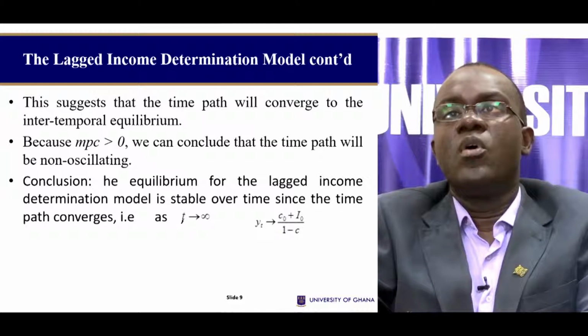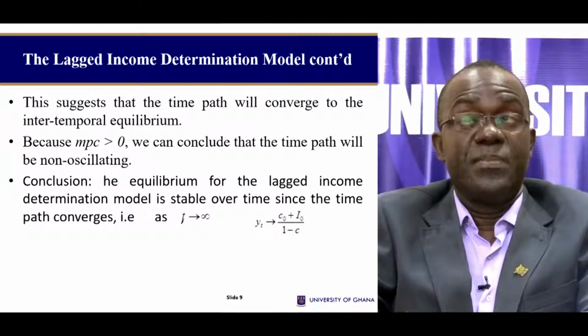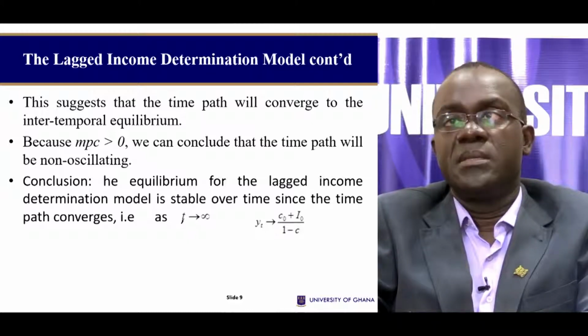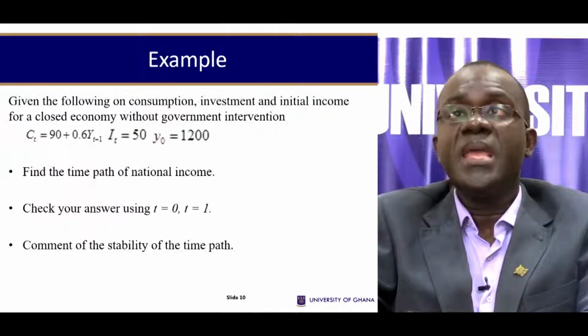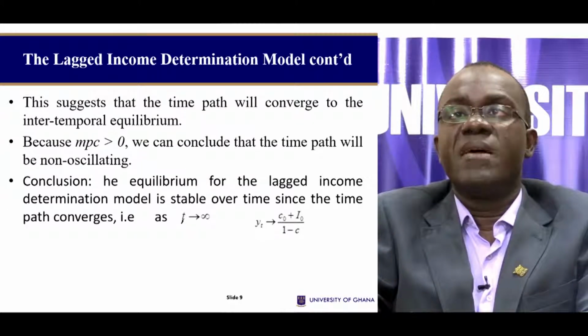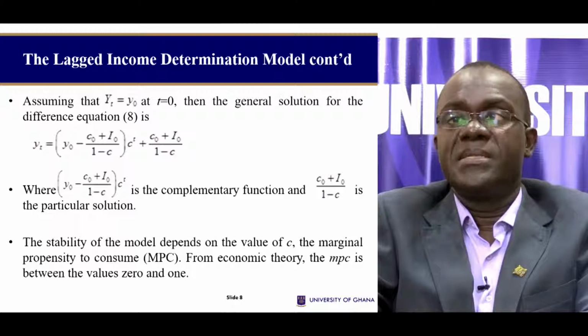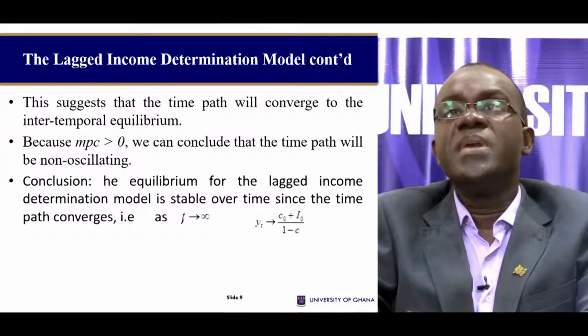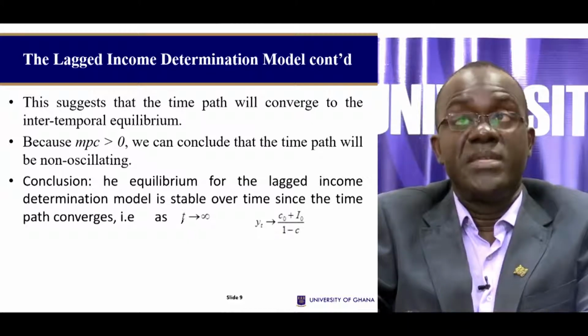Therefore, since our marginal propensity to consume is greater than 0, it's a positive number, it means our function there will not oscillate. And since our C, the marginal propensity to consume, is less than 1, it means that there will be convergence.